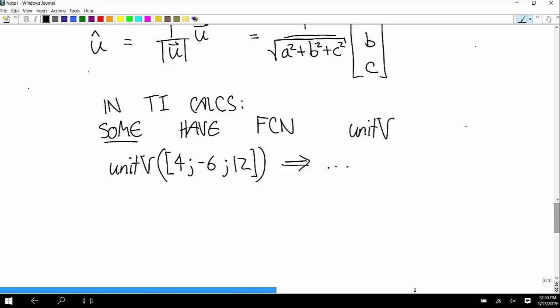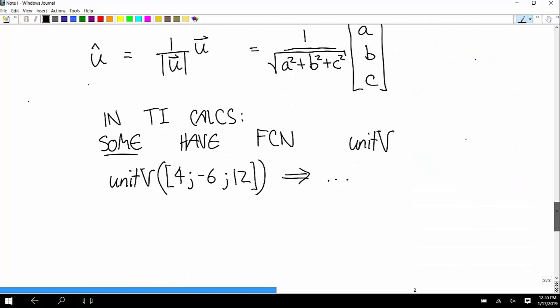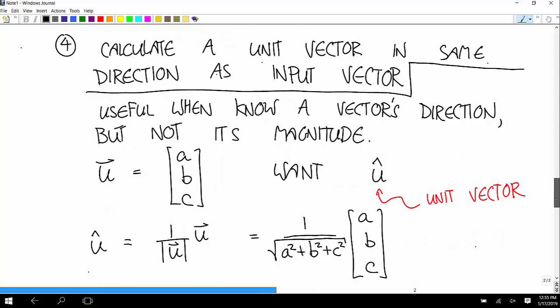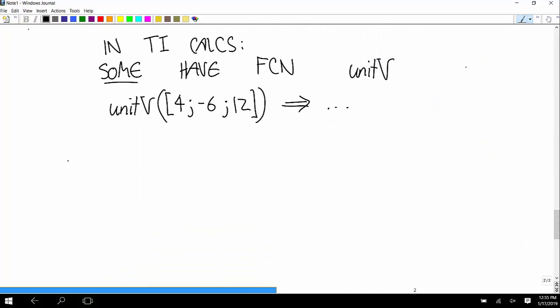Okay, and now there are two ways to multiply two vectors together. We talked about how to multiply a vector by a scalar. So this is number 5. So this is multiplying two vectors.